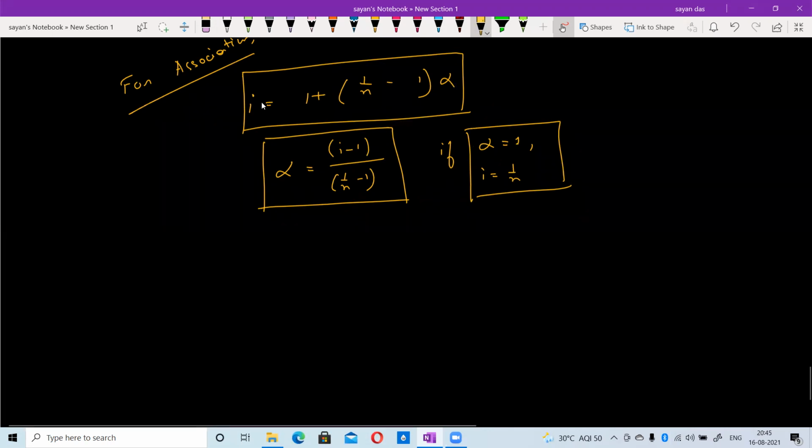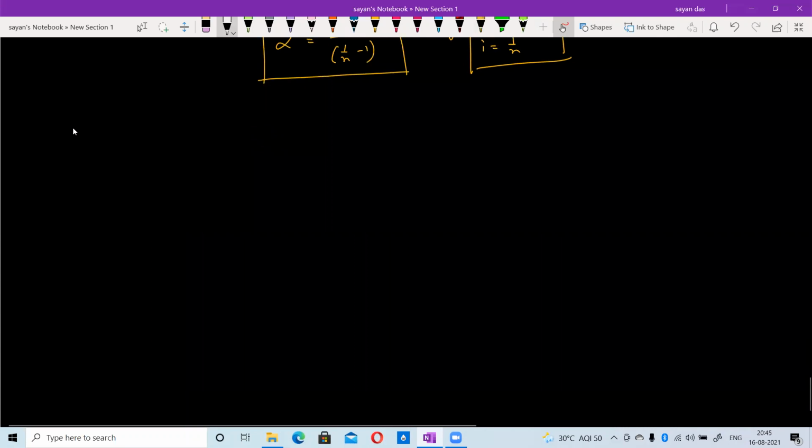Next part, which is if neither association nor dissociation takes place. In this case, this is a normal colligative property, normal CP, where I value equals 1.